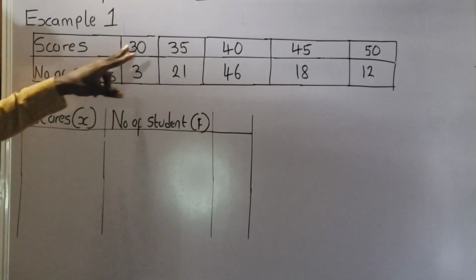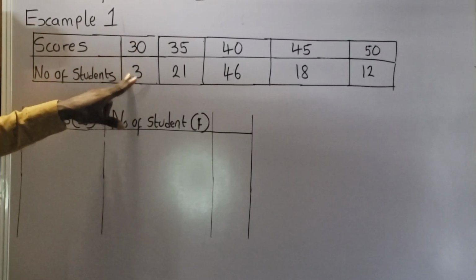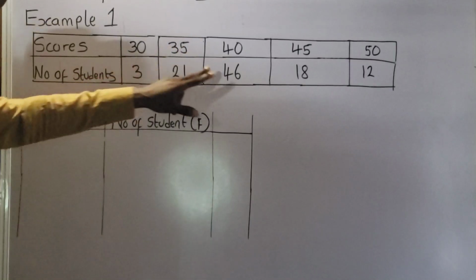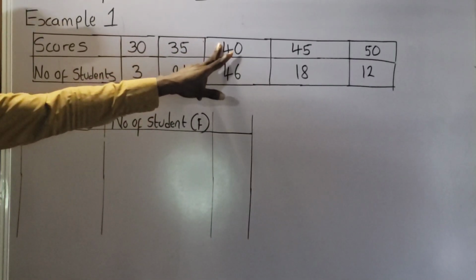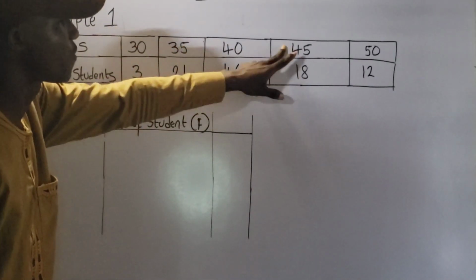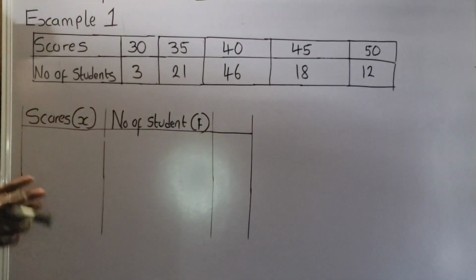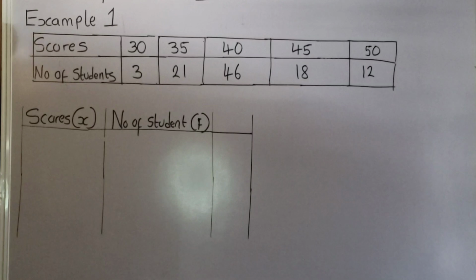From this frequency distribution we can see that 3 students scored 30, 21 students scored 35, 46 students scored 40, 18 students scored 45, and 12 students scored 50. So frequency distribution tells us the number of times our data occurs.